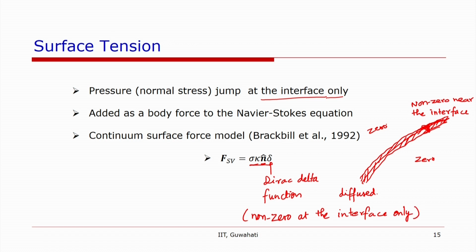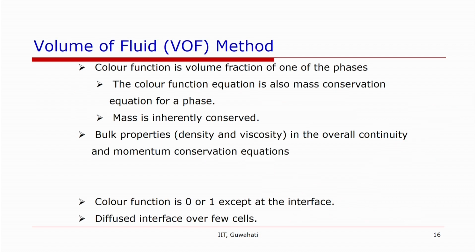Okay, and this model is known as the continuum surface force model. So, the surface force is converted into a continuum force and included in the system of equations of the Navier-Stokes equation as a body force.